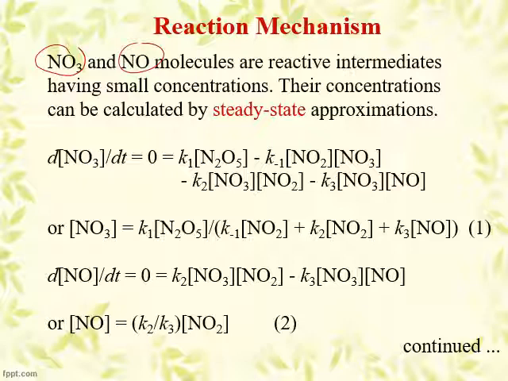So the expression involving NO3 here, d[NO3]/dt will be equivalent to 0 because it is too small.